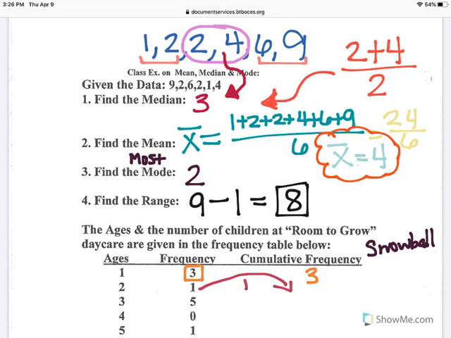So you're going to add in 1 to that frequency, so now there are 4 kids that we know of that are either age 2 or younger. And then if we keep on adding, we have 5 kids that are age 3 that we need to add to the list. So if we add 5 to our previous number, we should be at 9.